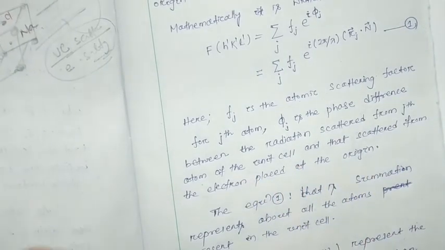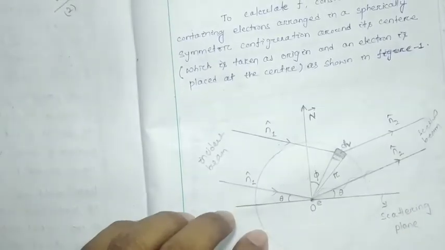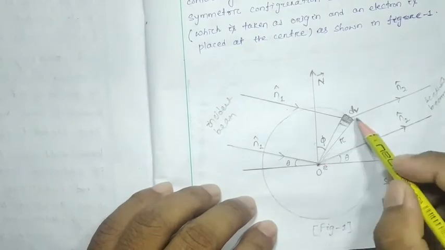If we consider only one atom, as we discussed in our last class on the atomic scattering factor, here is one electron, here is the charge.